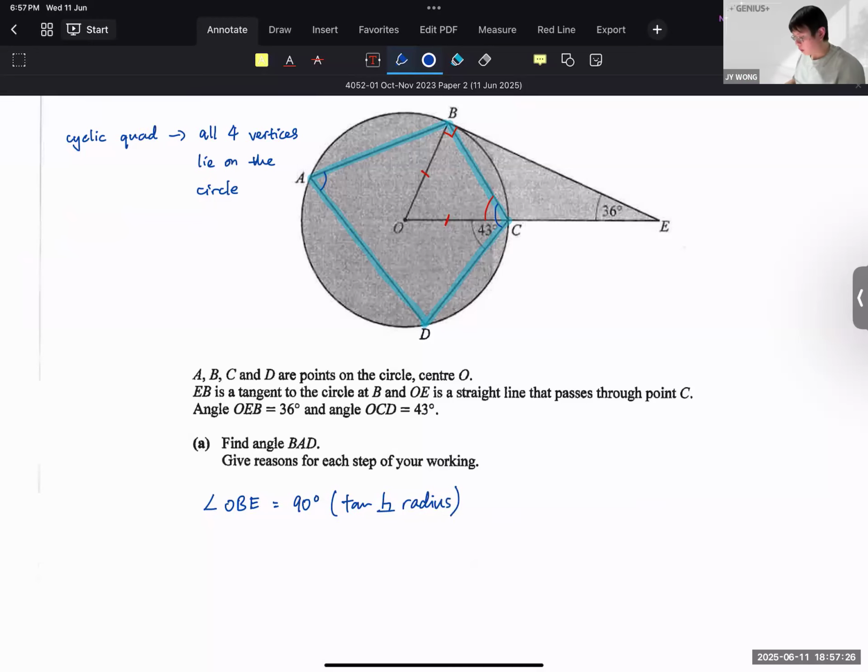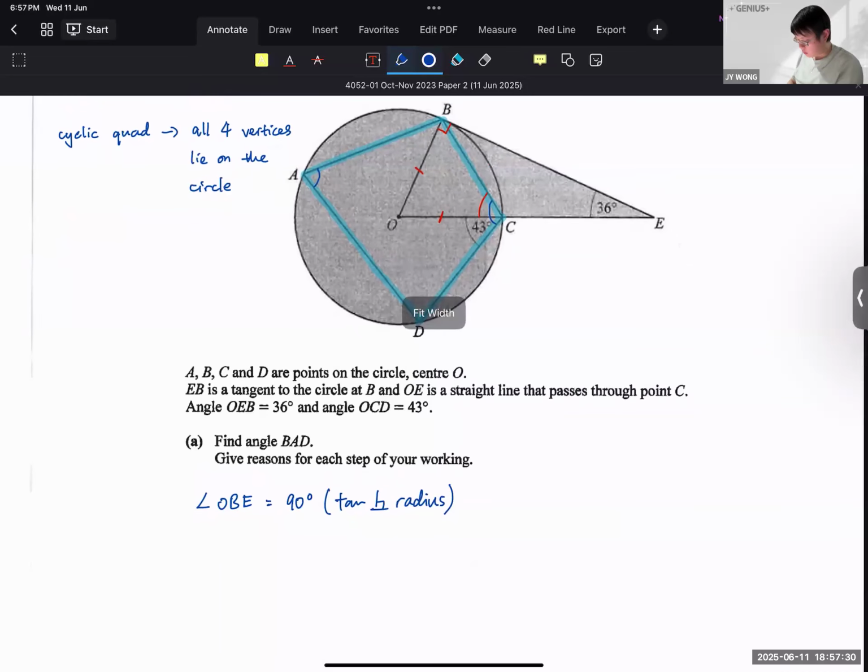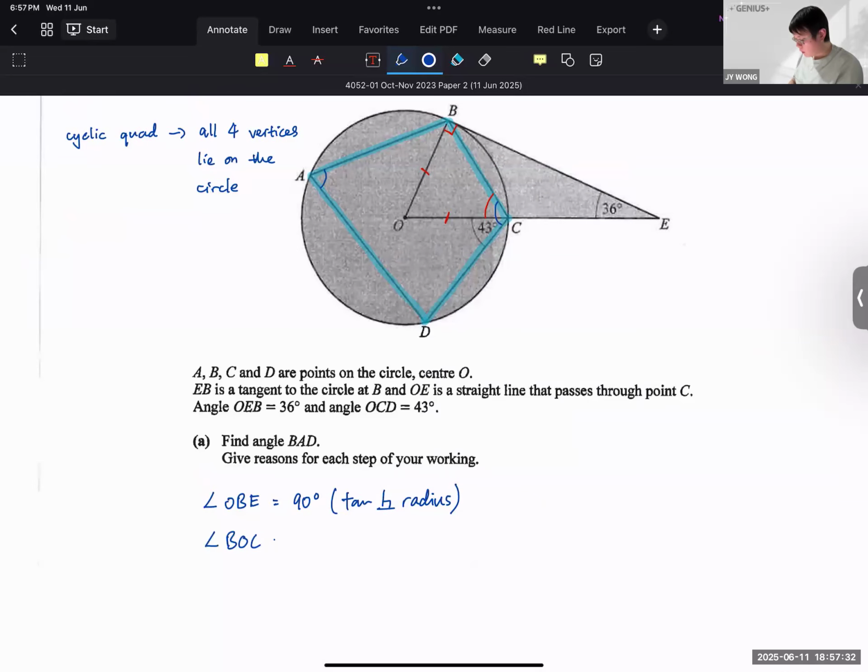And then from there, once you have the 90 degrees, you can find angle COB. So angle BOC is now equal to 180 minus 90 minus away the 36. And that's why they give you the 36. They give you the 36 so that you can find this angle over here. And so that will give you 54 degrees.